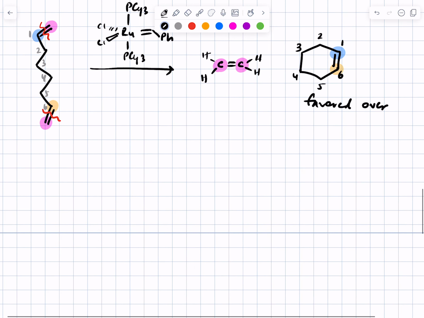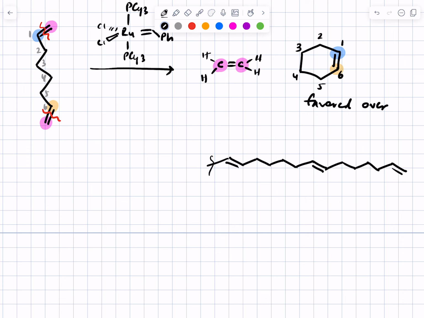So some of you may be thinking, well, what about this? Could I get 1, 2, 3, 4, 5, 6? This kind of a polymer where blue is attached to blue and orange is attached to orange and so on.